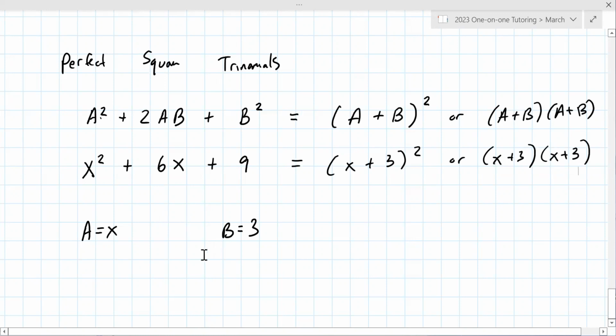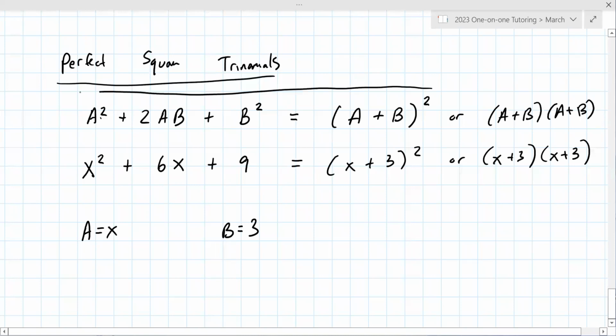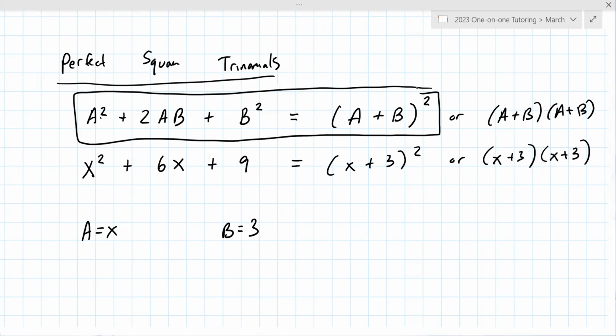Do you remember me making a comment about the pairs, the duplicates? So that's what perfect square trinomials are. They have duplicates in them. So this thing I'm boxing in, you definitely want to get that down. That's really important. Just grab that piece of paper.